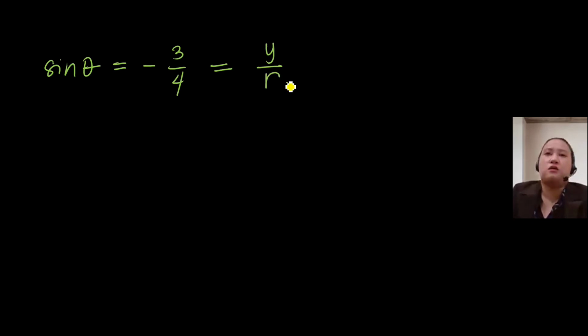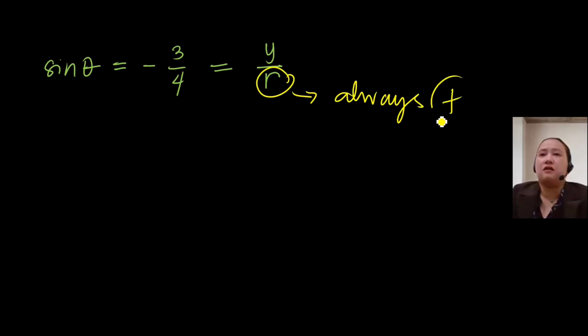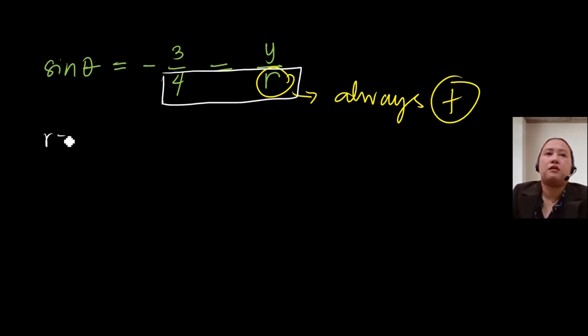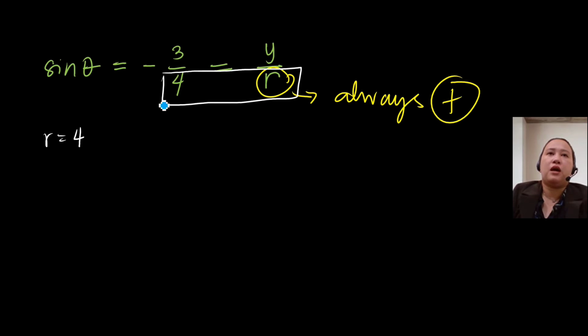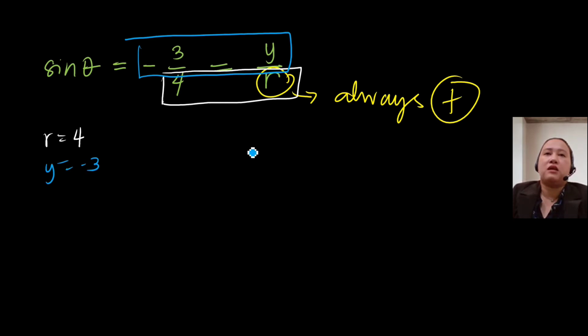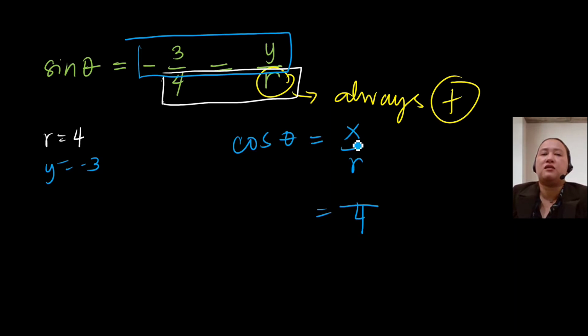Since r is always positive, r is equivalent to 4, and y is negative 3. Since we need to solve for cosine theta, and the formula for cosine theta is x over r, we already have r, which is 4. So what we need is x.